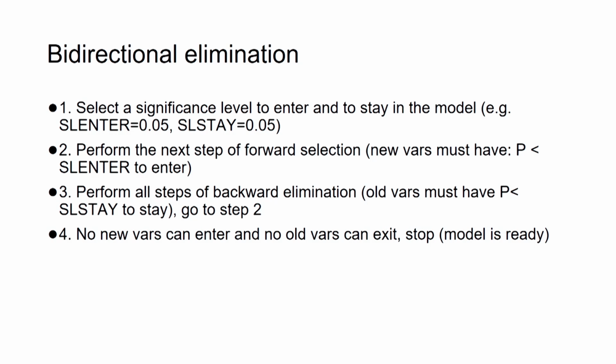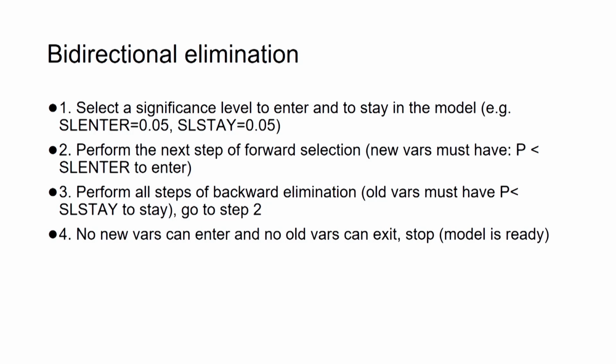So, we will include that variable in our model, and after including it, using step number 2, we will perform all steps of backward elimination. Old variables must have p less than the significance level of stay. If it is p less than this, then we will keep the old variables in our model, otherwise we will remove those.